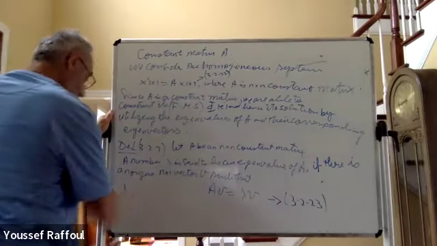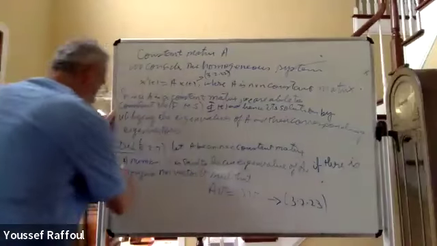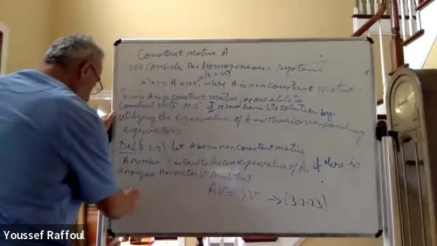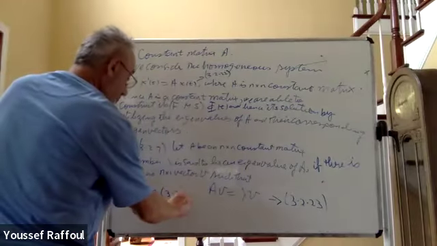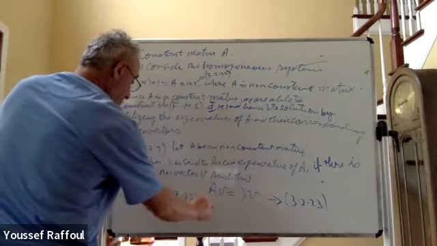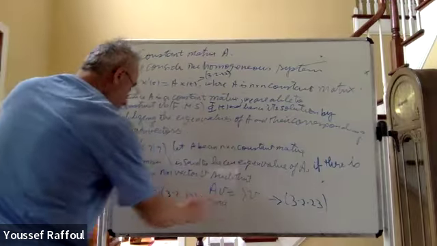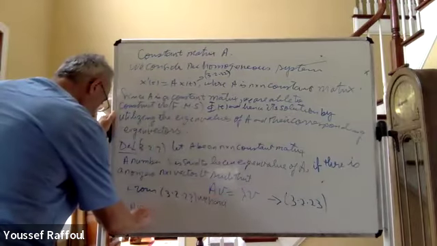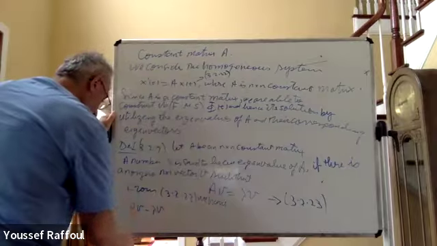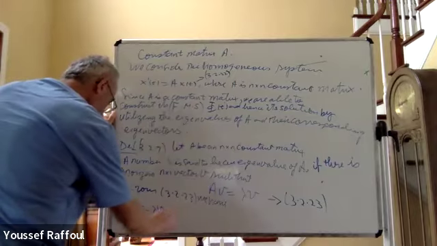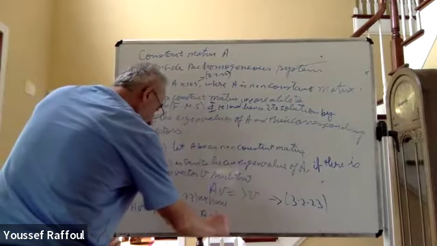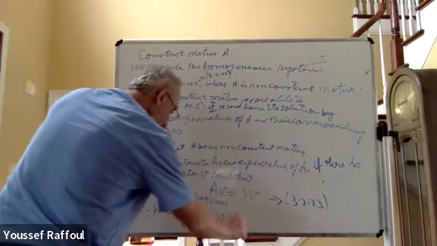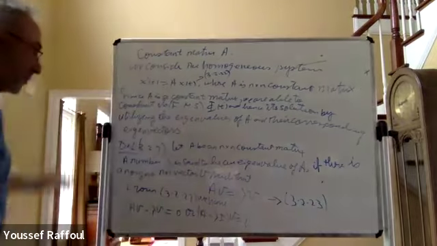Now, from this, we have A v minus lambda v equals 0, or A minus lambda I times v equals 0.